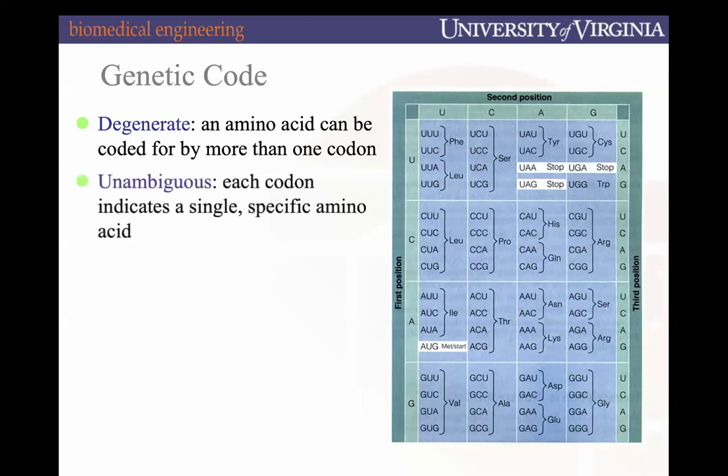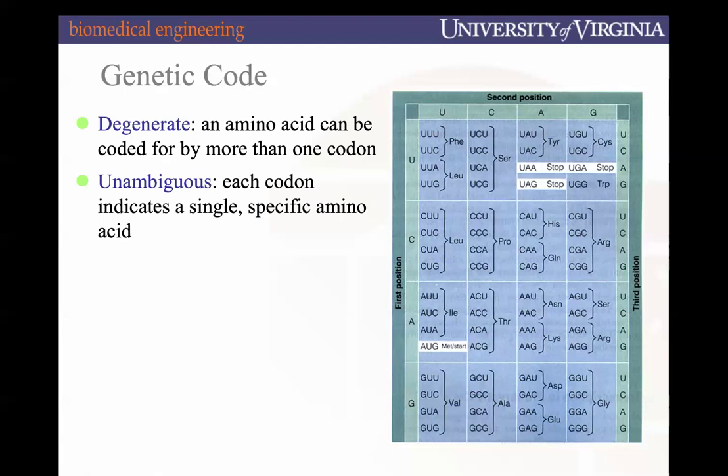Another important quality I want you guys to take note of is that it's unambiguous, where despite there being a redundancy, each specific codon will always encode for a specific amino acid. So for example, the codon CUU will always encode for leucine. It won't encode for some other amino acid.